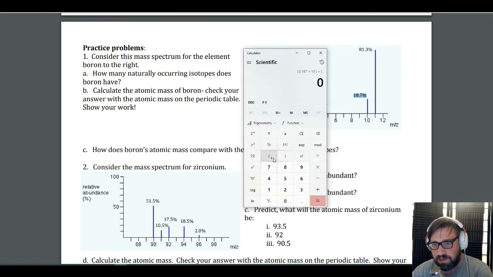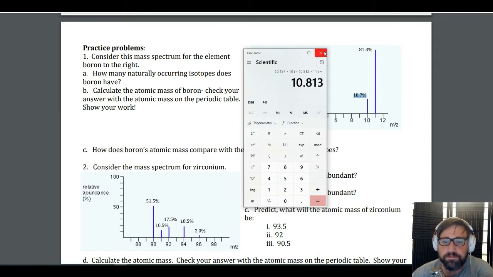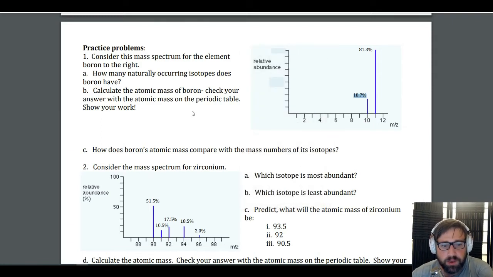And then 0.813 times 11. There we go. 10.81. Exactly what it was before. Good. All right. So that's how you would go through and you can show your work there.